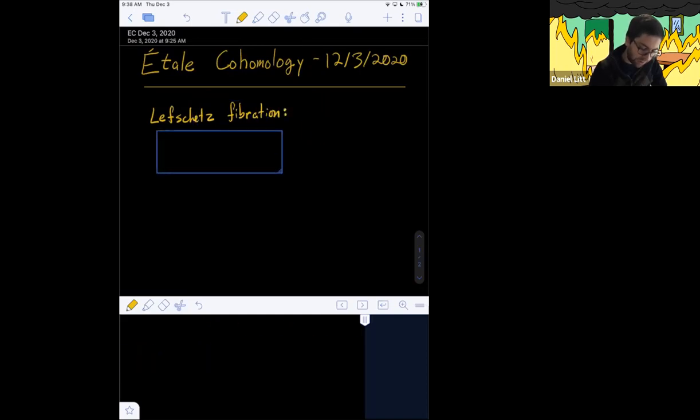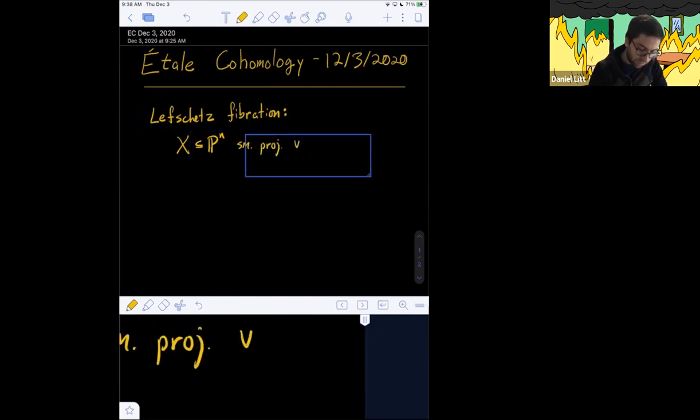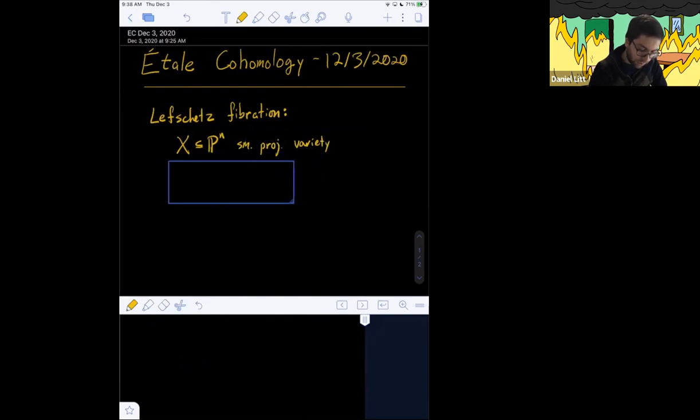What this was is we had X inside of projective space, a smooth projective variety. We had a line L inside of the dual projective space.